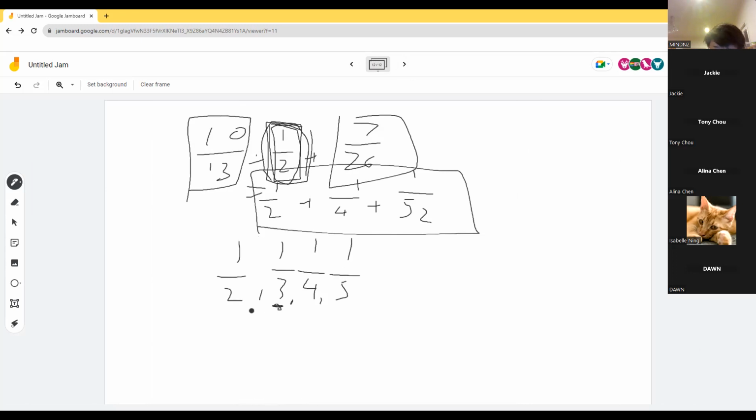Each unit fraction is more than half of the previous unit fraction, but this will be less, because if this was more than this, then this would be more than double this. And we could just add the previous unit fraction.